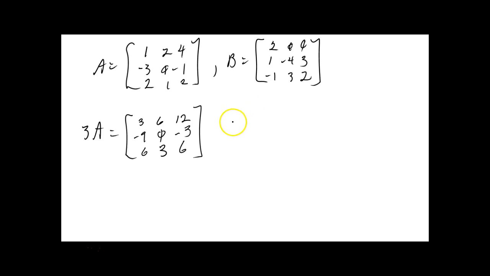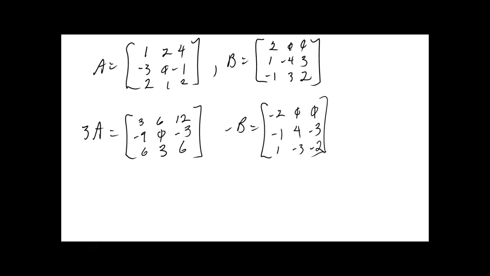What would be the B part, negative B? What would that be? Negative 2, 0, 0, negative 1, 4, negative 3, 1, negative 3, negative 2.